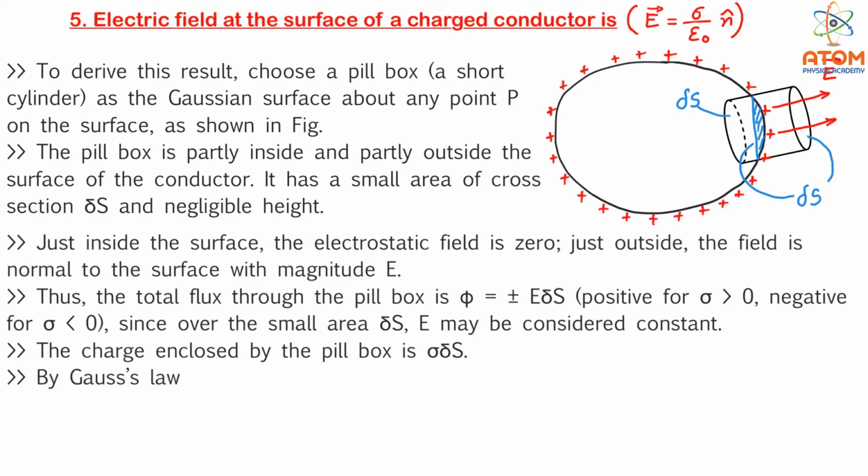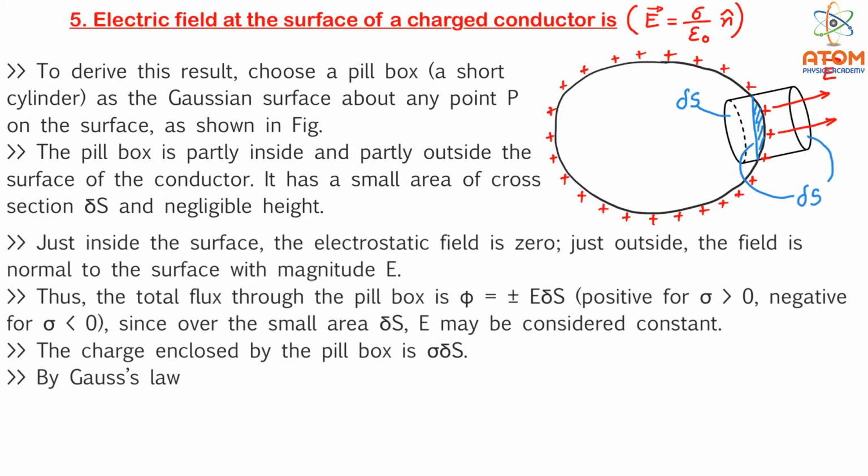Right now I have not shown this pillbox very small, but we have to take it very small. When we say the cross sectional area is delta S, that means it is a very small pillbox, and so the electric field will be almost perpendicular to the surface.